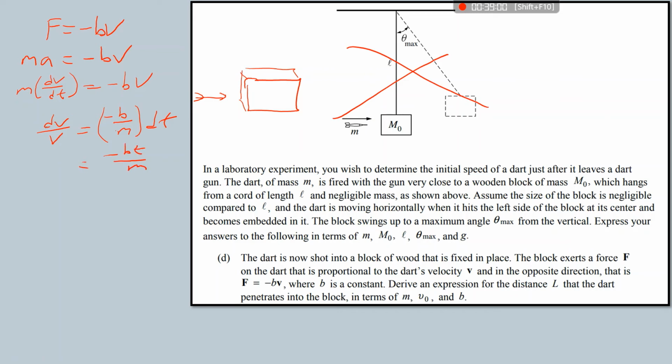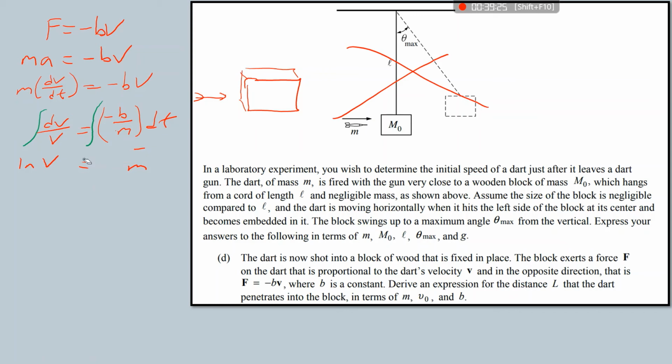Okay, but when I integrate this side, that's ln. We need to integrate both of these. So when I integrate the other side, this will be natural log of v.